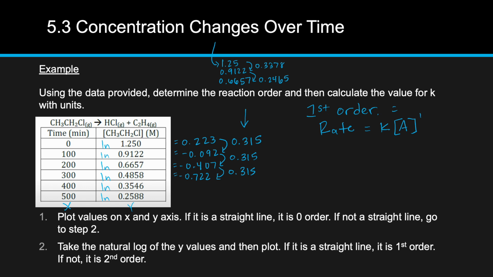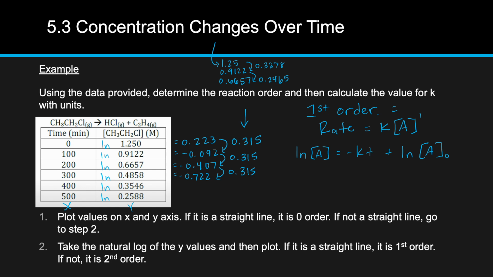When we are using first order, if we go back to determining the rate, we're going to use y equals mx plus b, but since it's first order, it's going to be the natural log of the concentration of A equals our negative k for slope, our t for x, and our b value, which is the natural log of the concentration of A at no time.